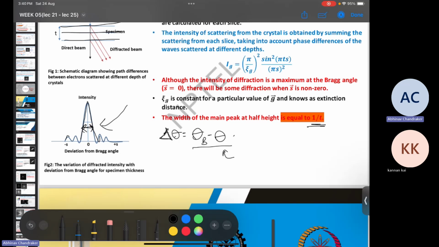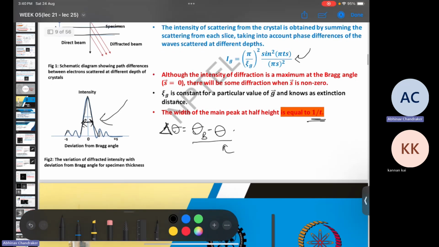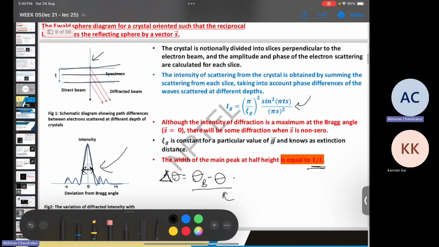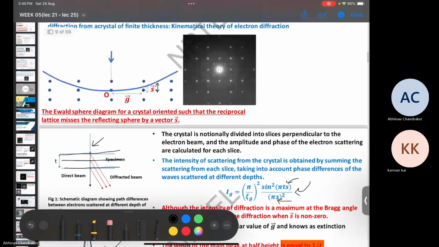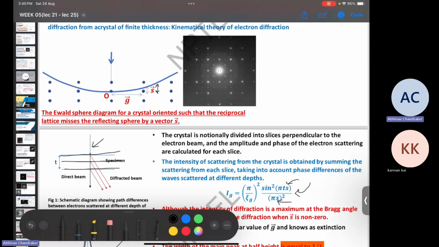This is an equation or formula which tells you the intensity of scattering from a crystal, where the thickness is T, and I think S is the difference between the reciprocal lattice point and the sphere.